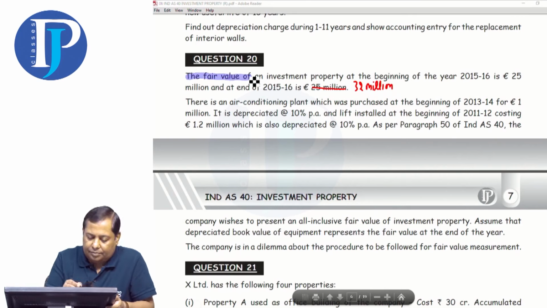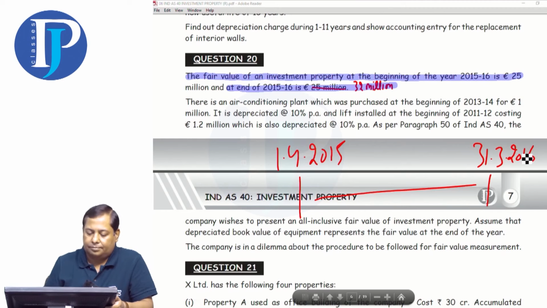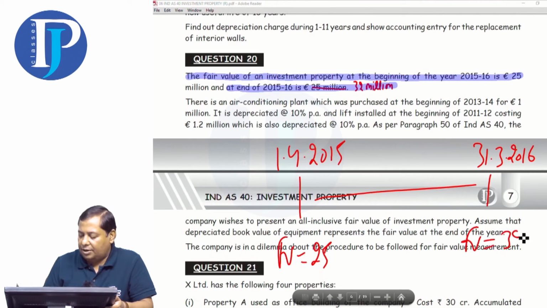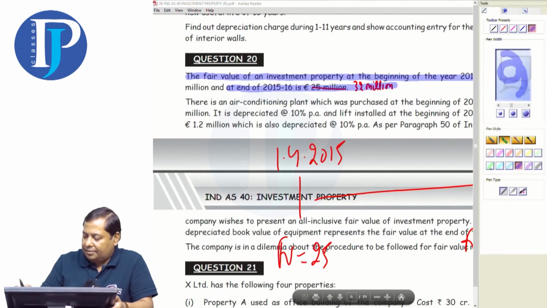So listen, students, the fair value of an investment property at the beginning of 15-16 is 25 million. Now at the end of 15-16, the fair value is 32 million. I have created a timeline. 1 April 2015 and then March 31, 2016. Here the fair value was 25 and here the fair value is 32. I have corrected it to 32. Let's move on. What does the question say?